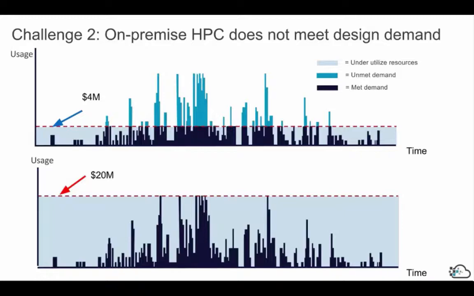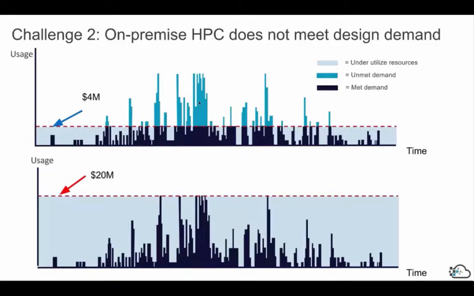So when you develop an on-premise HPC system, you really need to size it to balance the cost and the demand. Say in this case, a $4 million cluster gives you a usage rate like this. Then you can see you're probably meeting about half of the demand, but when you have some peak demand like this, your jobs will be queued, so you'll be waiting in the queue for a long time.